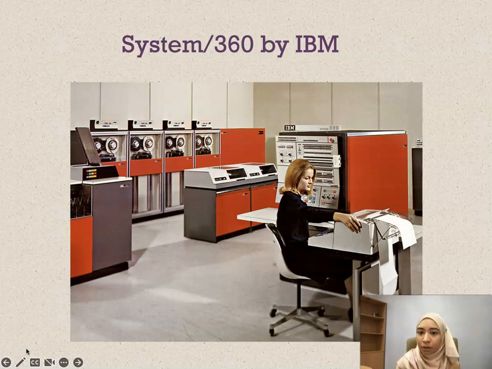So IBM brought out a family of products called System/360 or S/360. So what was different about this product that is brought out by IBM? Well, for instance, the computers that they brought out could be compatible with each other. They are compatible. What does that mean? What does compatibility mean in this sense?